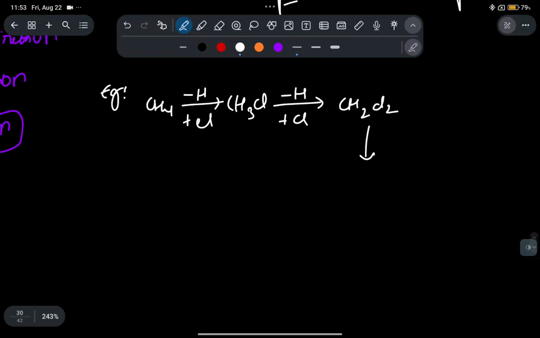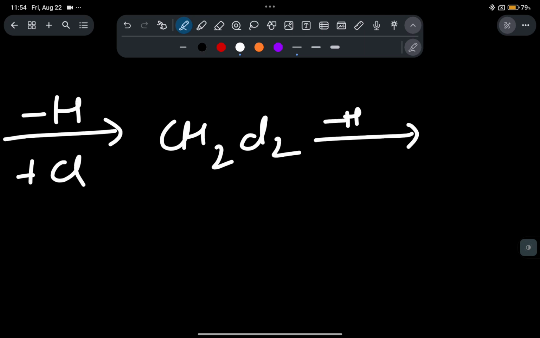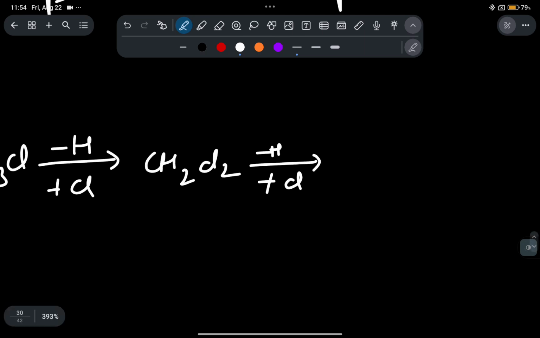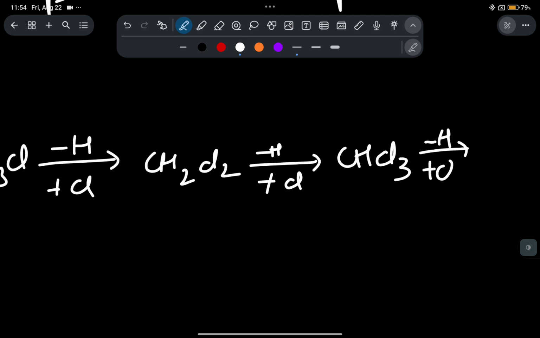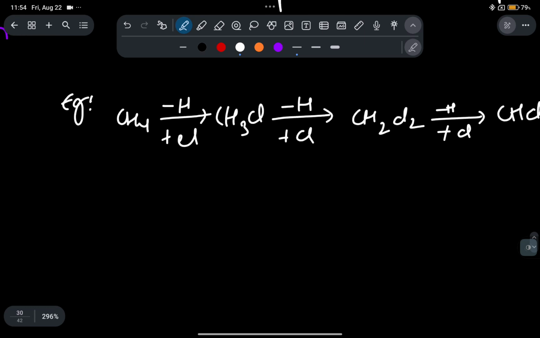I'm removing another hydrogen and adding chlorine, CHCl3. I'm removing another hydrogen and adding chlorine, CCl4. Here if you see the mu order, what is the mu order here?